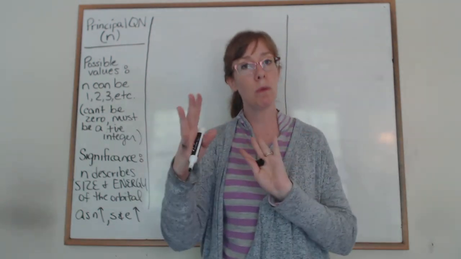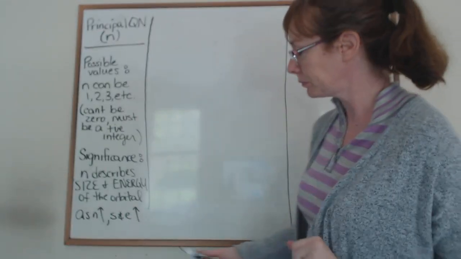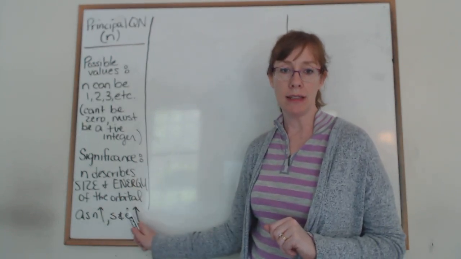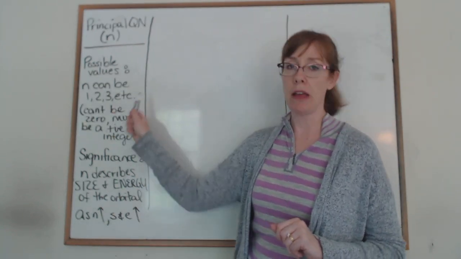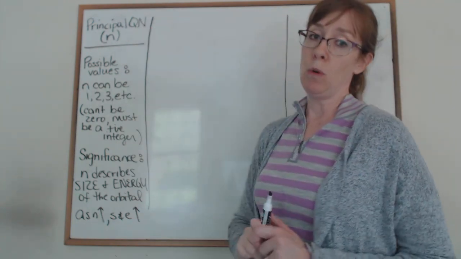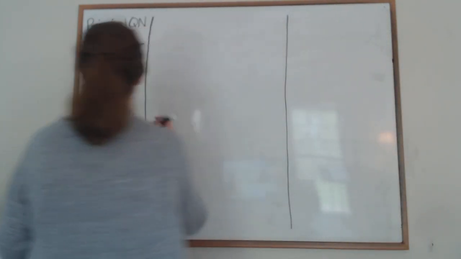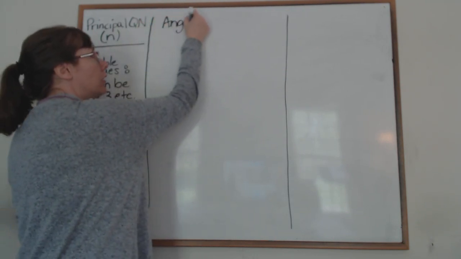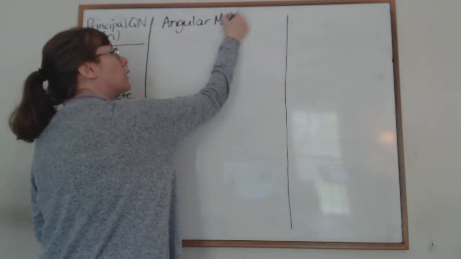That's also consistent with what I had on the board for the Bohr model. So N describes size and energy. As N gets bigger, size and energy get larger, and the possible values. That's called the principal quantum number. Now, the next quantum number is called the angular momentum quantum number.